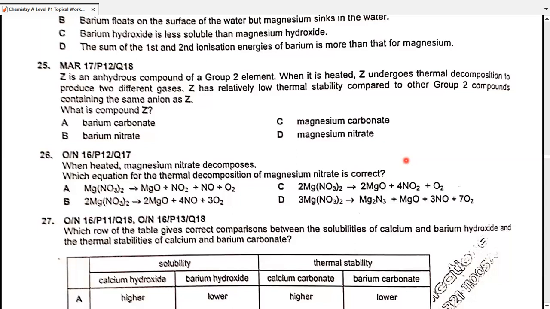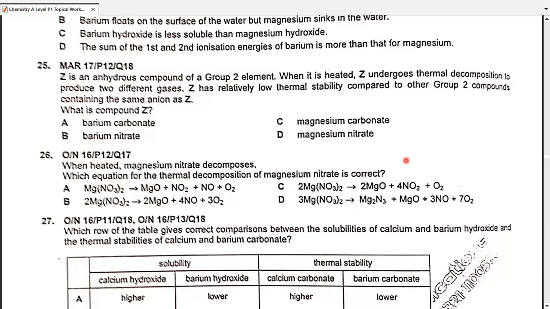Magnesium carbonate, however, undergoes a different decomposition: magnesium carbonate gives magnesium oxide plus carbon dioxide. It has low thermal stability compared to the other compounds containing the same anion as Z. Thermal stability increases down the group.